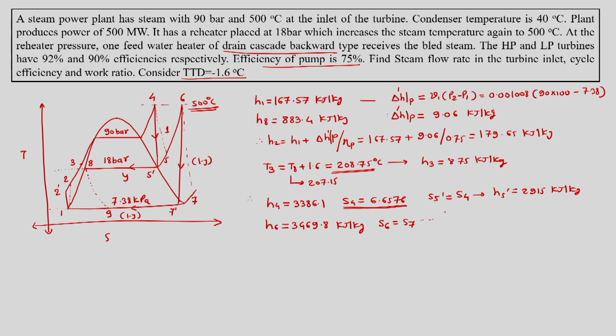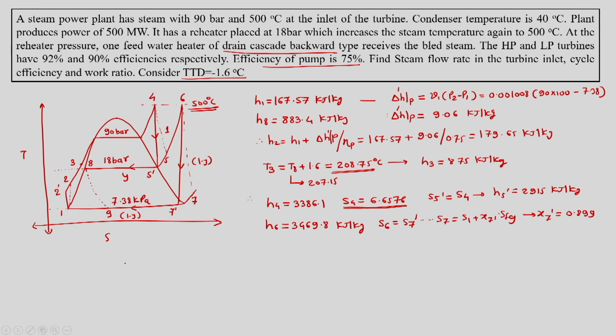S6 will be equal to S7 dash, and from that fact we can find out S7 dash is equal to S1 plus X7 dash into SFG. So this gives us X7 dash, and the value of X7 dash is 0.899.